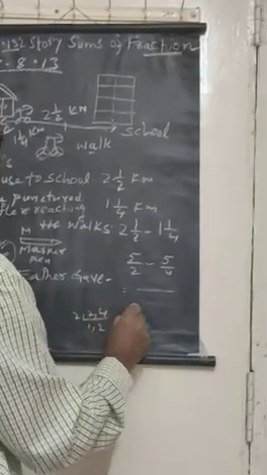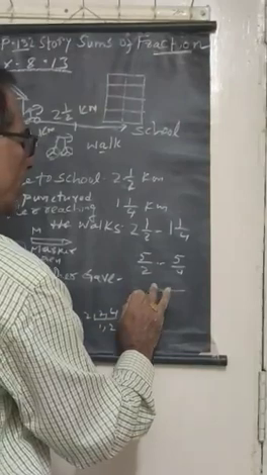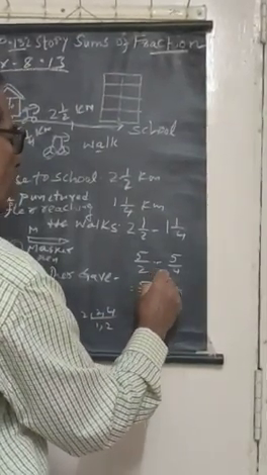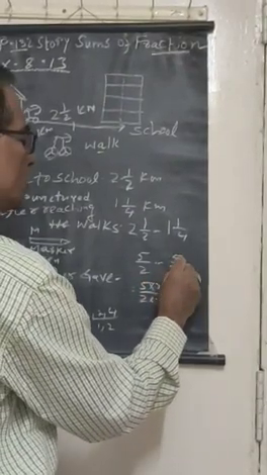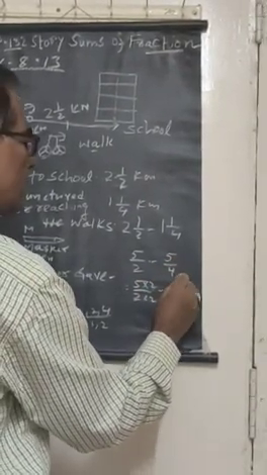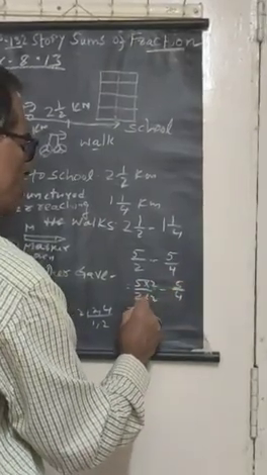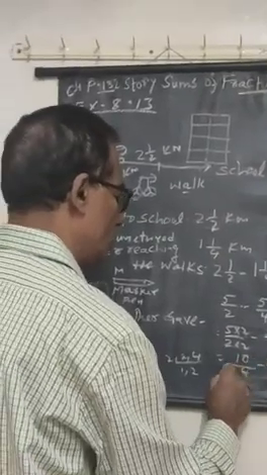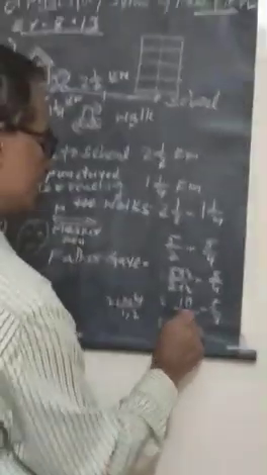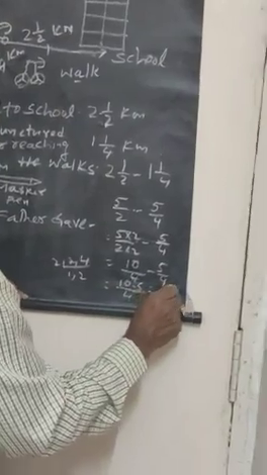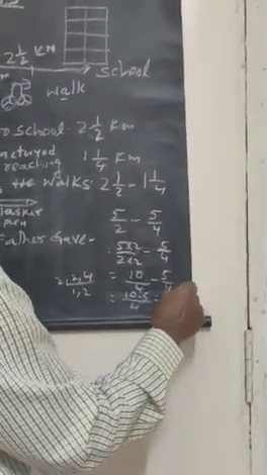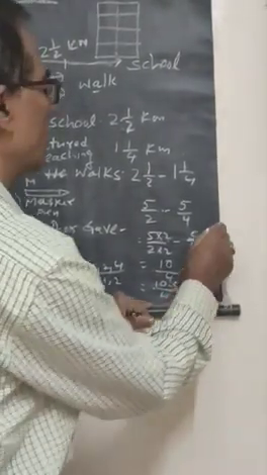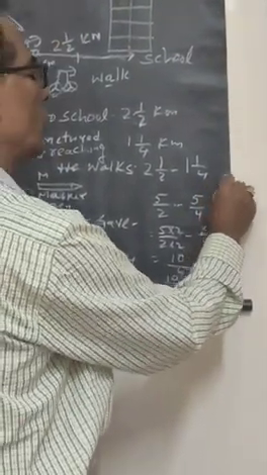So how can you make this one a 4? 5 by 2 into 2 by 2, and this one is already in 4, minus 5 by 4. So 10 by 4 minus 5 by 4. Take 4, 10 minus 5 is 5 by 4. This much he has to walk. 5 by 4 he has to walk.